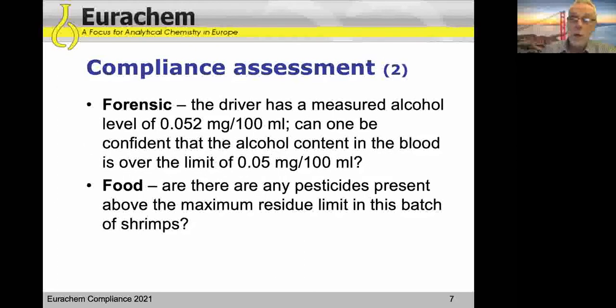We can also have a legal one. The driver has a measured alcohol level. Can we be confident that this alcohol content in the blood is actually over the limit? And we can have food, if there are any residues in the food that are above the maximum value.